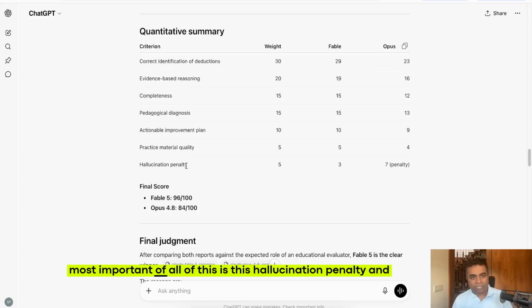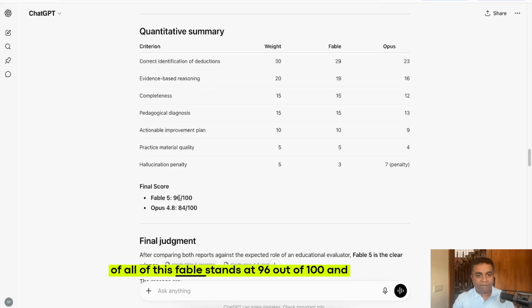The most important of all of this is this hallucination penalty, and then Opus gets a penalty of 7 points and Fable gets a penalty of 3 points. Out of all of this, Fable stands at 96 out of 100 and Opus 4.8 stands at 84 out of 100.